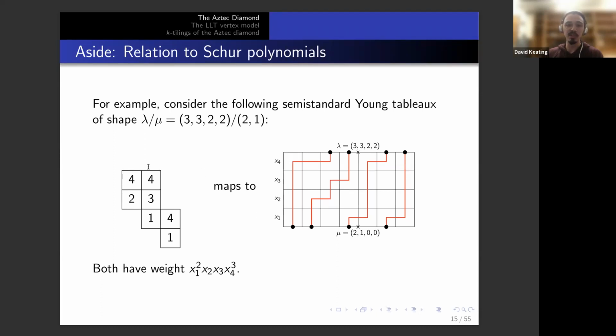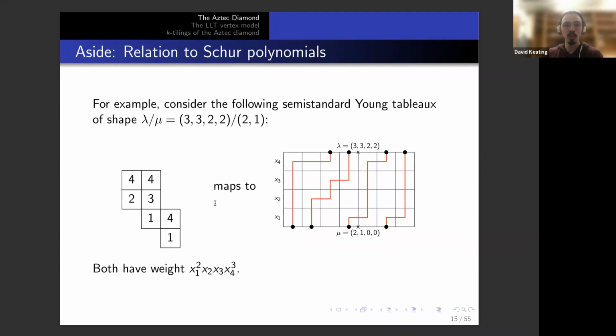Say if you look at this top row where it's 4, 4, that means this leftmost path just goes up to the 4th row, then goes over twice. So it picks up 2 x4s, just like you would get the weight for the semi-standard Young tableau. So just as an aside, this is a vertex model for Schur polynomials. And we'll reference this fact again later.